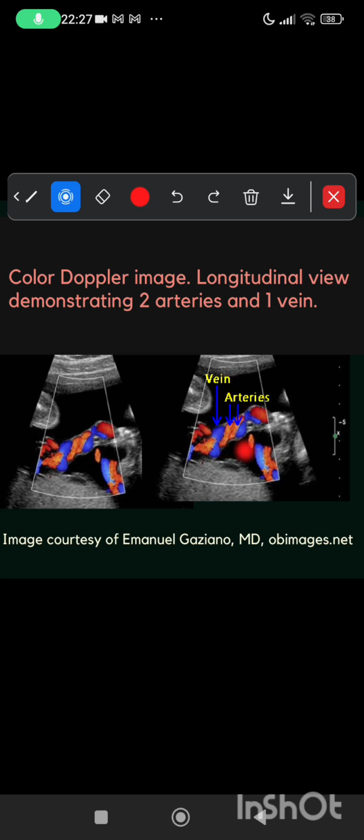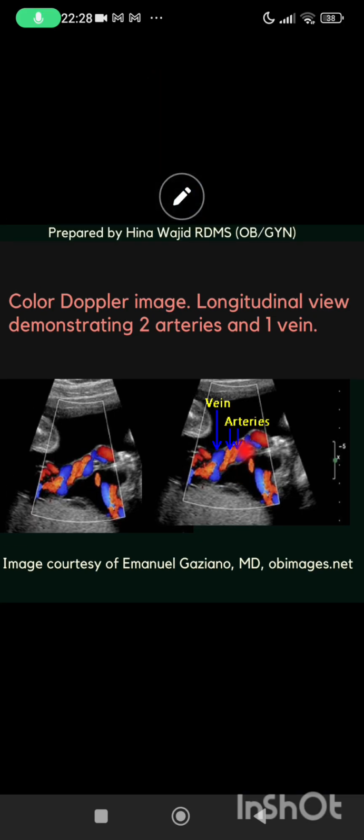Which level among the three is the best to take the sample? At the free loop of the cord. Yes. So we take the sample at the free loop of the cord level. That's the important point here.